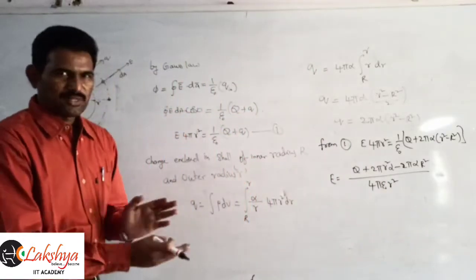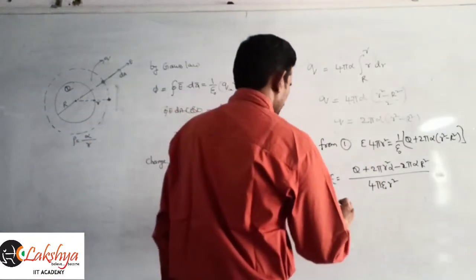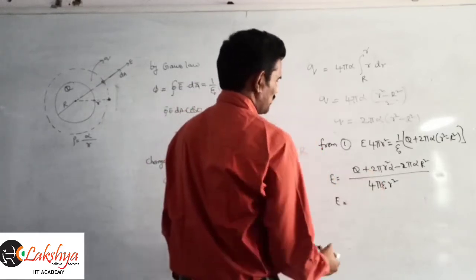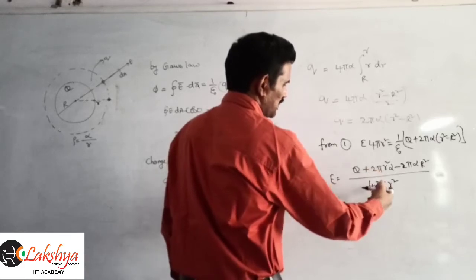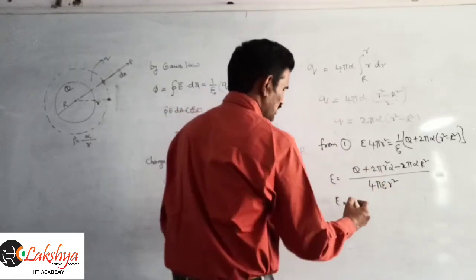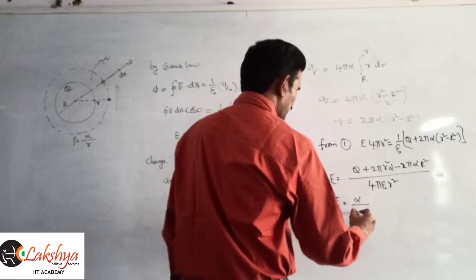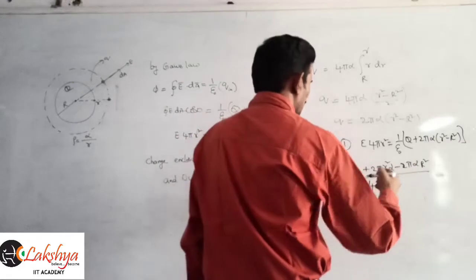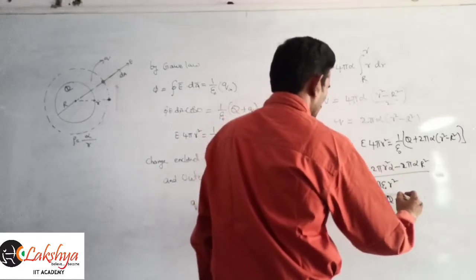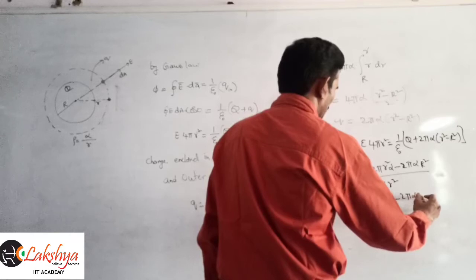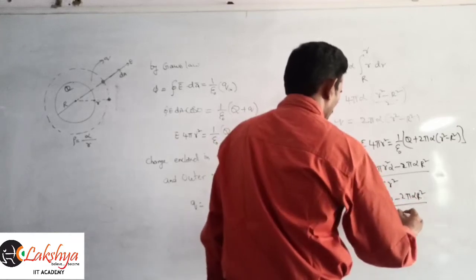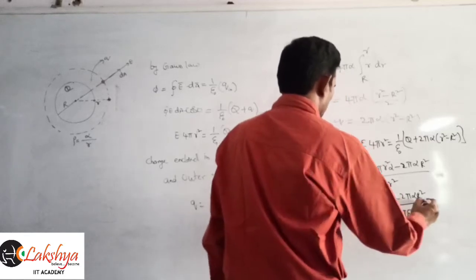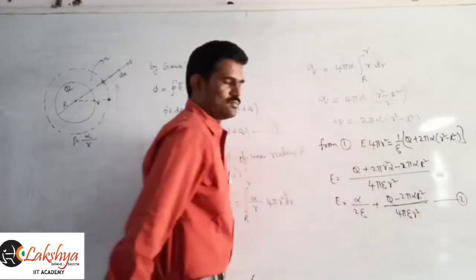So now let us separate these terms. If you cancel the 2 pi r square term, you will get alpha by 2 epsilon naught, plus the other term, 2 pi alpha R square by 4 pi epsilon naught r square, right? Suppose this is our equation 2.